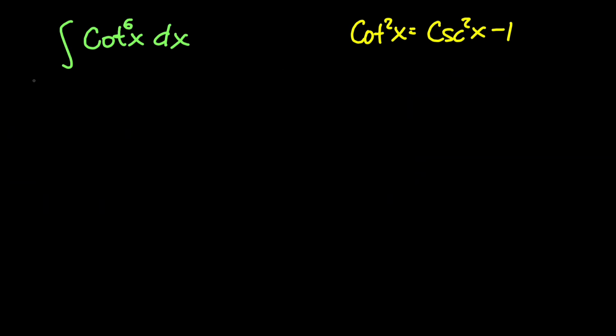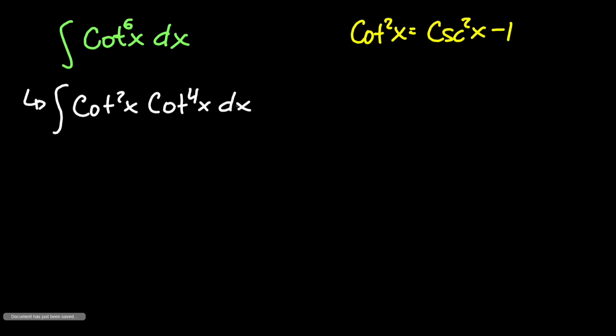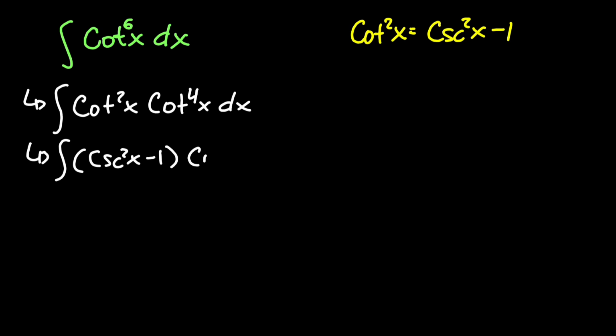For the final problem, the integral of cotangent to the power of 6 of x dx. So, factor out cotangent squared of x again, and transform this, and distribute.